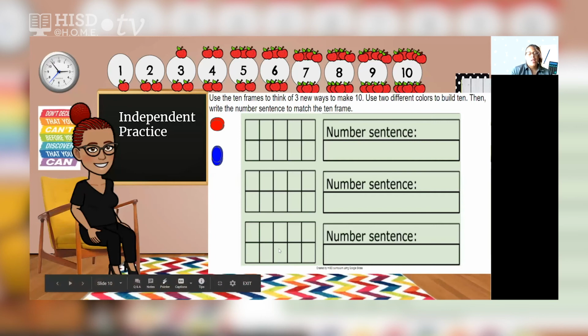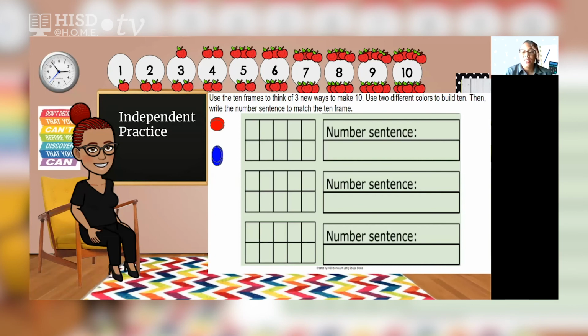First graders, my first graders, when we started, we showed 3 ways to make the number 10. Now I want you to show 3 ways to take away from 10. So on your paper, you're going to use 10 frames. You're going to fill each 10 frame with 10.